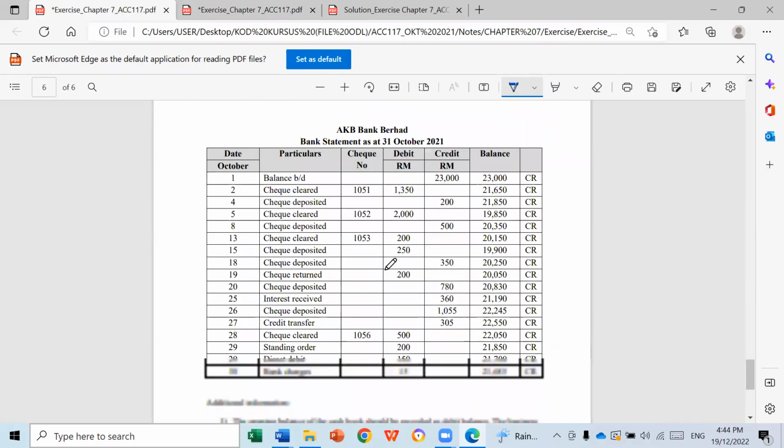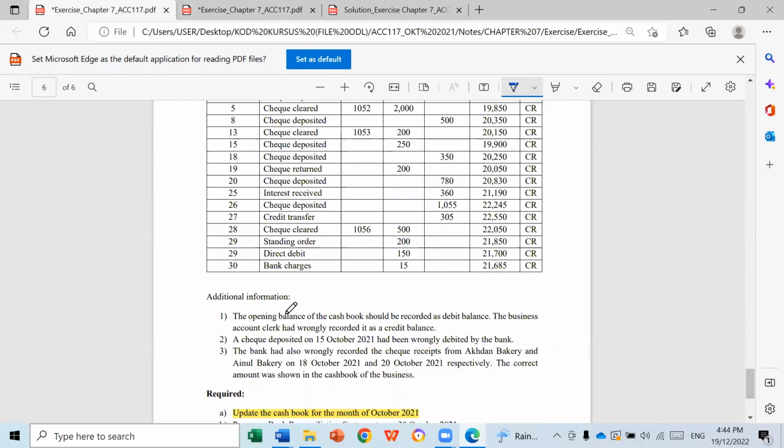Based on the additional information number 2, we have a cheque deposited on 15 October 2021 that had been wrongly debited by the bank. So who made the mistake?